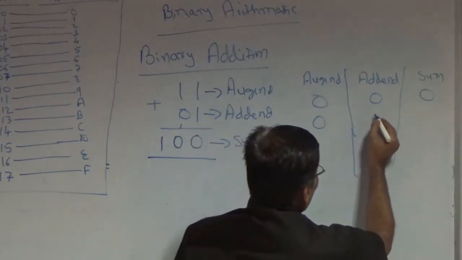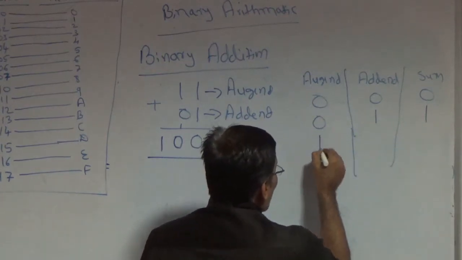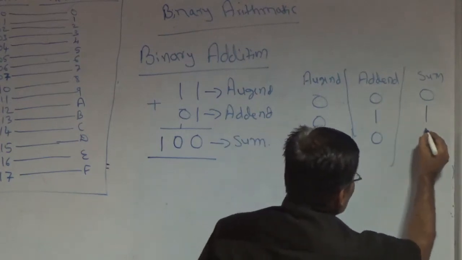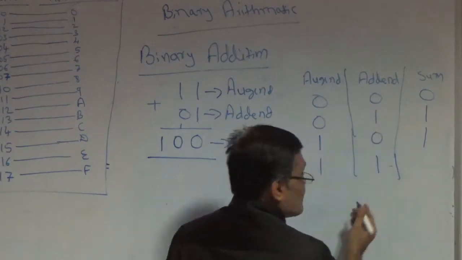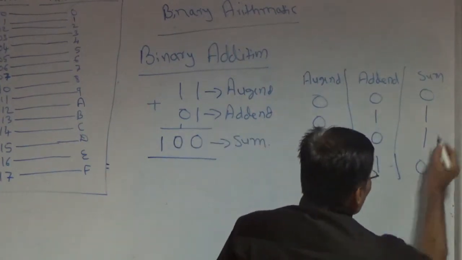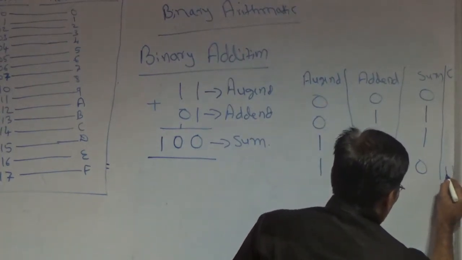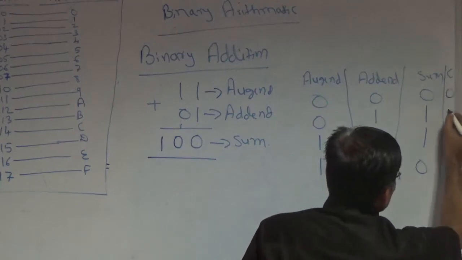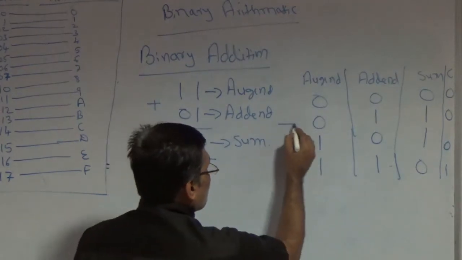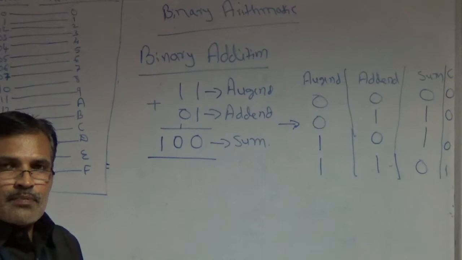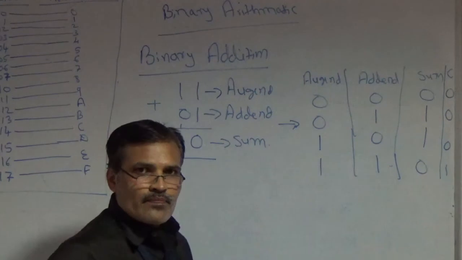If AUGEND is 0 and ADDEND is 1, the sum is 1. If AUGEND is 1 and ADDEND is 0, the sum is also 1. When AUGEND is 1 and ADDEND is 1, the sum is 0 and I will write the carry as 1. In the other cases, carries are 0. C means carry. This is the rule we need to follow as far as binary arithmetic is concerned. Just remember this chart.